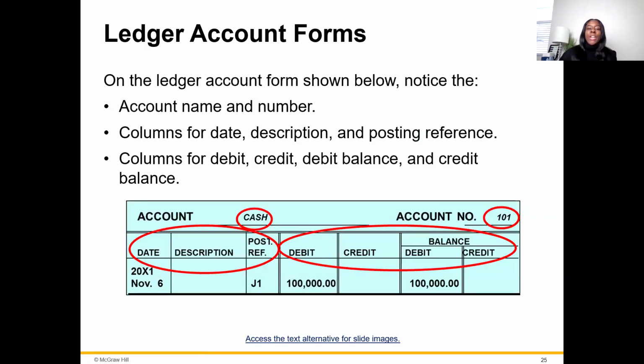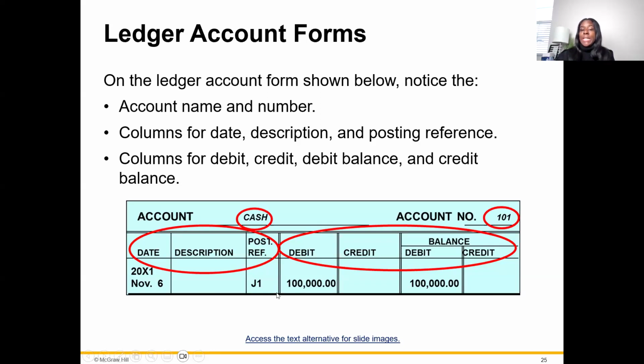So in our ledger, this is the account form, and you'll notice it'll have the name of the account, cash. It gives it a number. This is the chart of account number that identifies it. It has columns for the date, the description, our post reference number, debit, credit, and then we also have a balance.